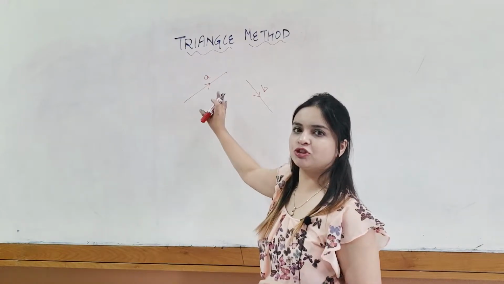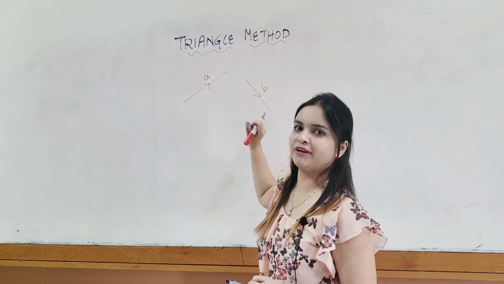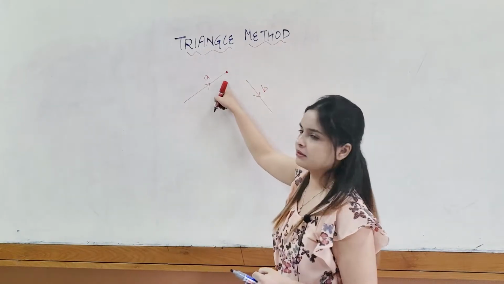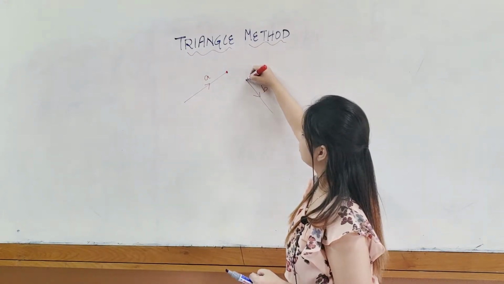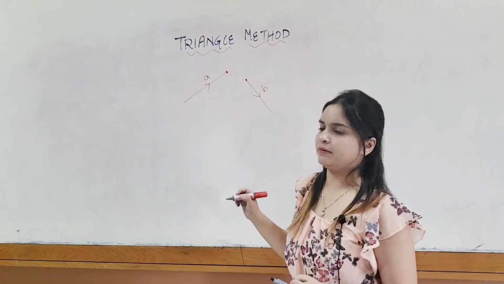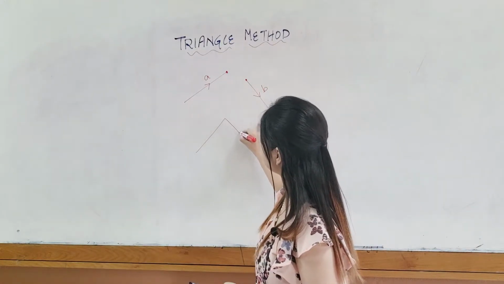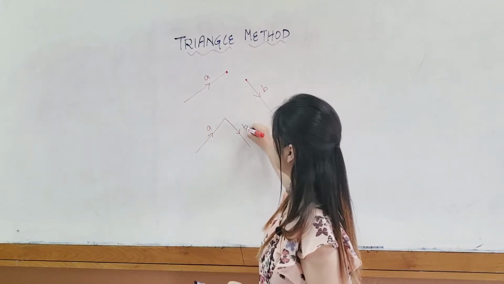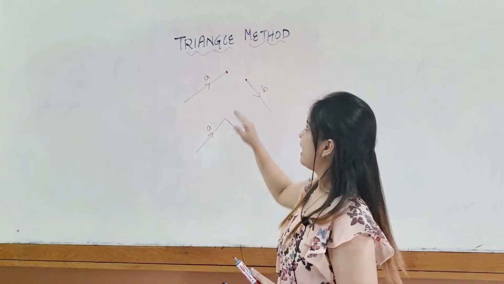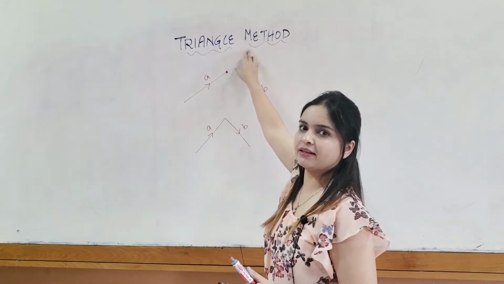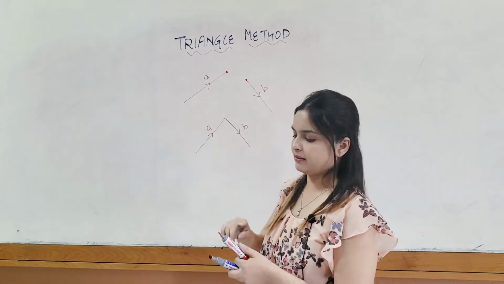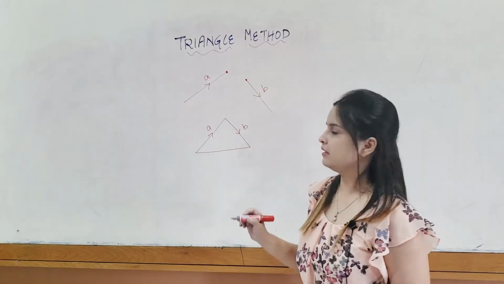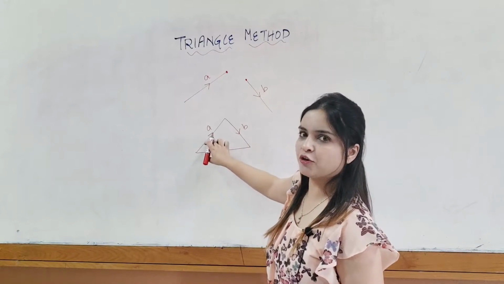First step is to join vector A with vector B. Suppose I join this end of vector A to this end of vector B. This is my vector A, this is my vector B. Now, as the name says, triangle method. Complete the triangle.